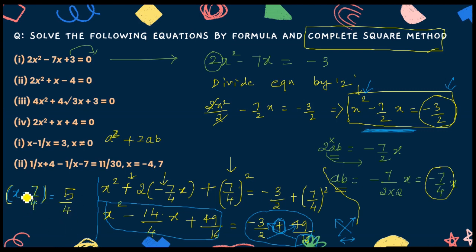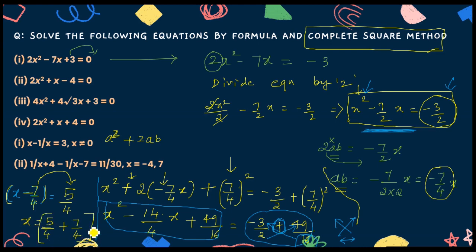Now what will be your x value? This minus 7 by 4, just throw it here. Then you will get x equal to 5 by 4, which is already there. Always when you are shifting, first you should write who is there already, then who is coming. Who is coming from the left? Minus 7 by 4. After coming here, it becomes plus 7 by 4.